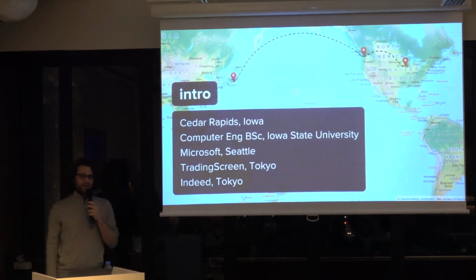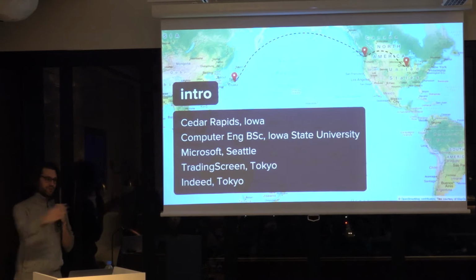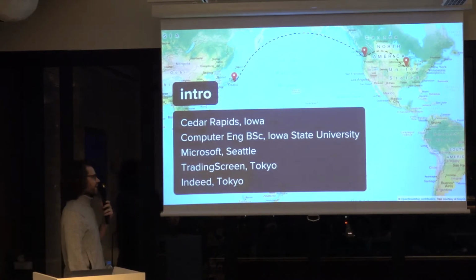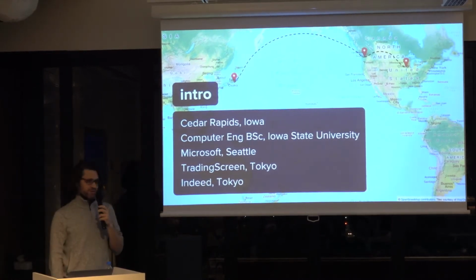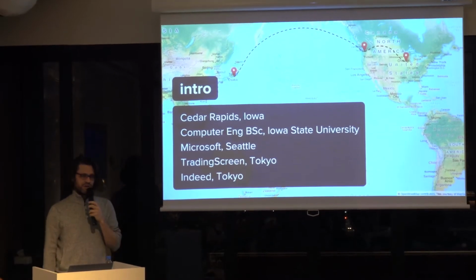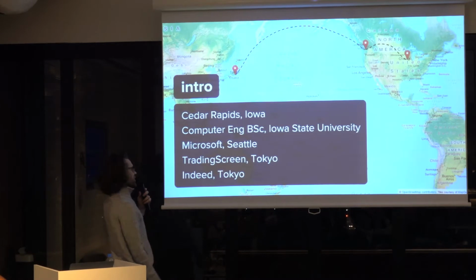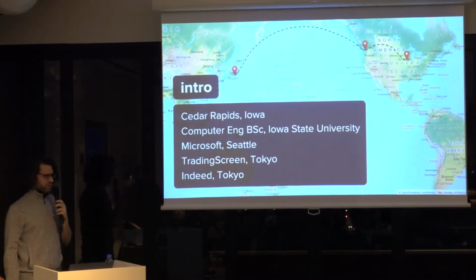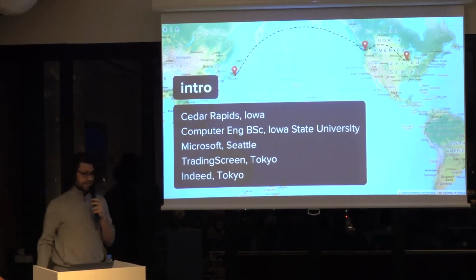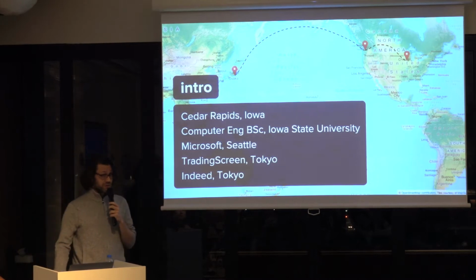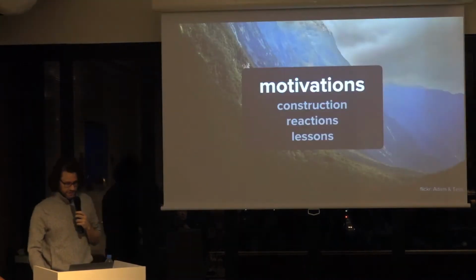Got a little tired of that, decided to move to Japan and study the language, even though I'm using English right now. And took a job, various companies around, and eventually ended up at Indeed as a software engineer.